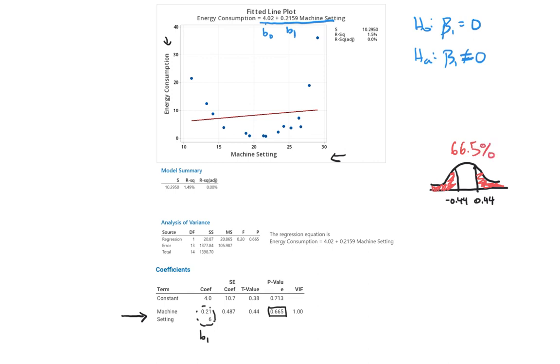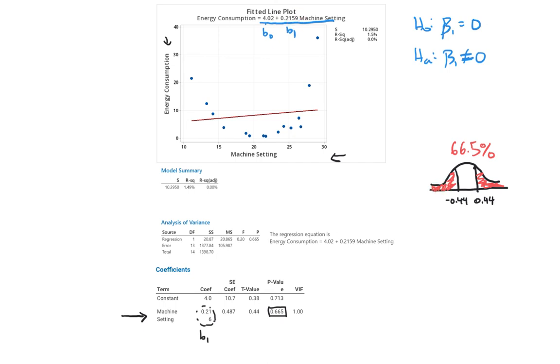So if the actual slope was 0, the chances that we'd get a slope that's 0.2159 or more extreme is pretty large. It's 66.5%. So it's very likely to get something more extreme than the slope that we had.